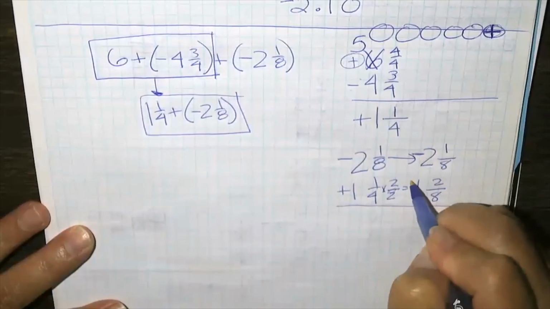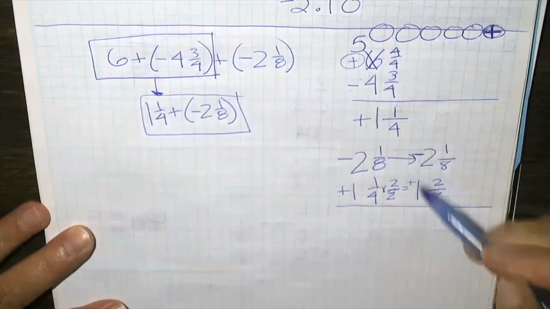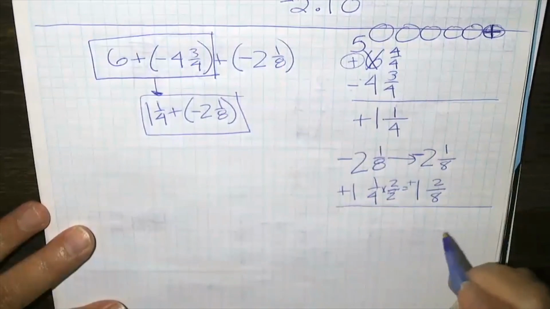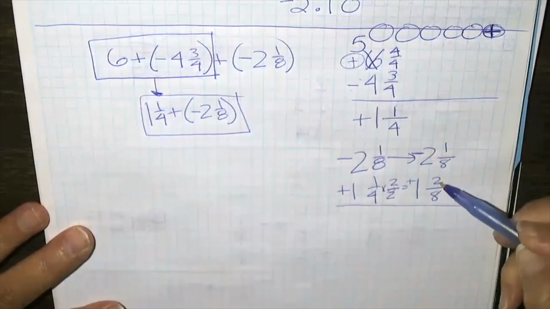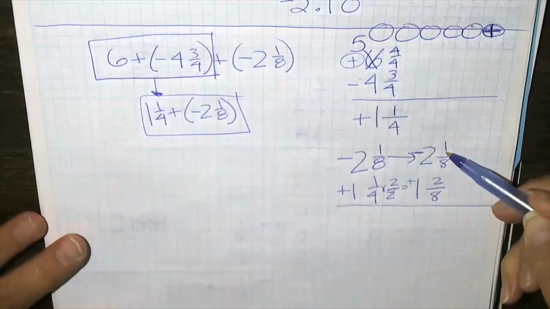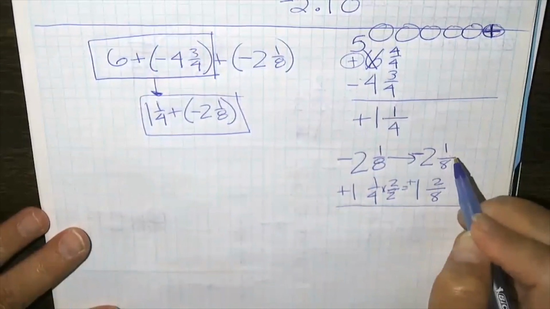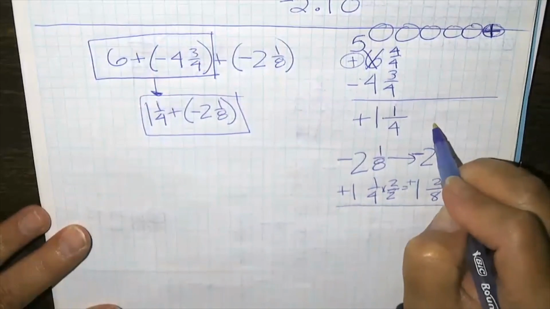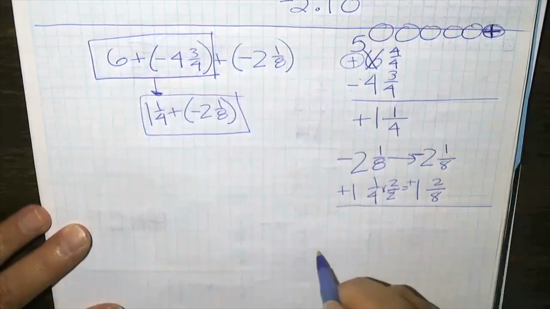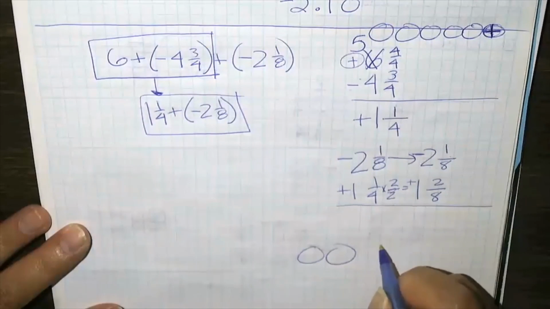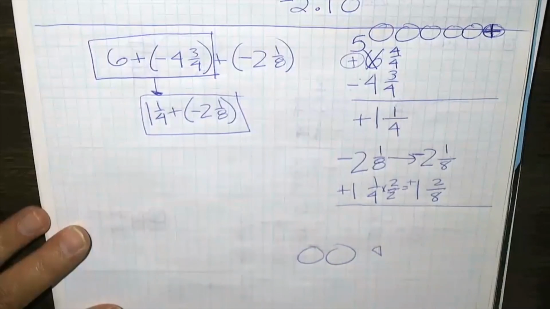My signs are different. I have a positive and a negative. So I'm going to subtract. But here again, I cannot take 2 away from 1, can I? No. So 2 1/8, it is, I have 2 1/8.